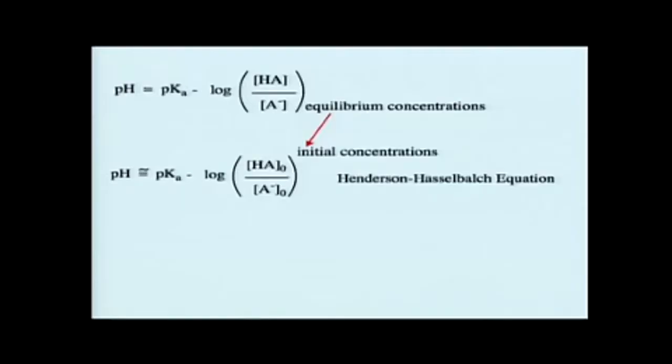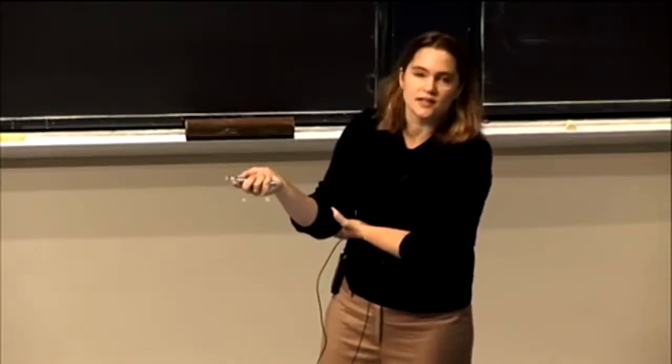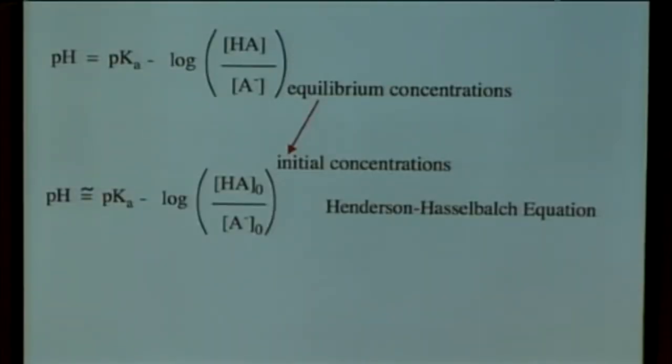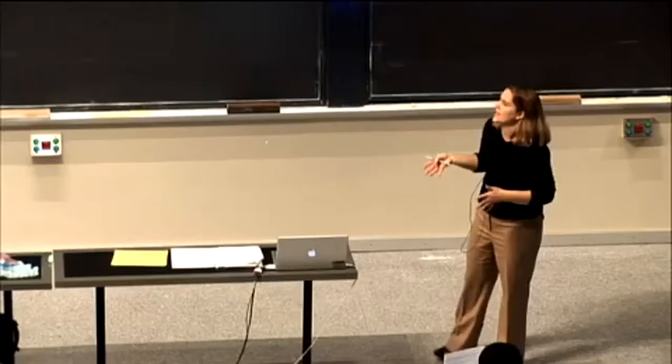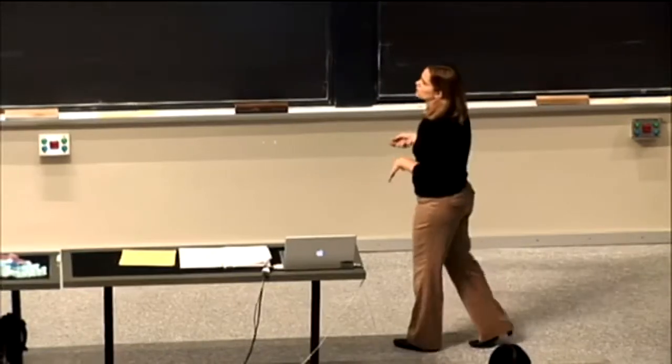All right, so remember that it's really equal when they're at equilibrium concentrations, and this is just an approximation that we're saying that those are initial concentrations. So when is it okay to say, well, the equilibrium concentration is more or less the same as the initial concentration?